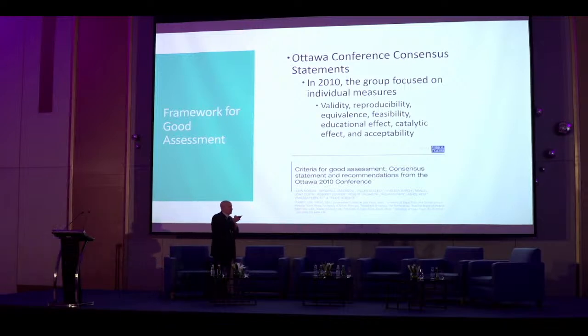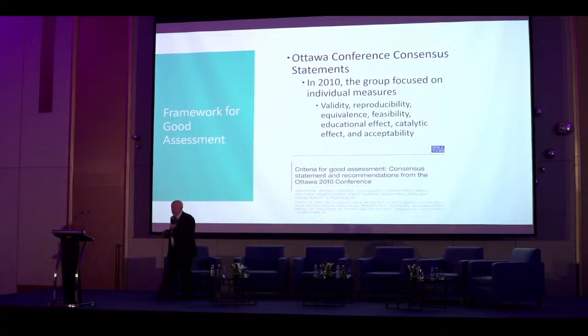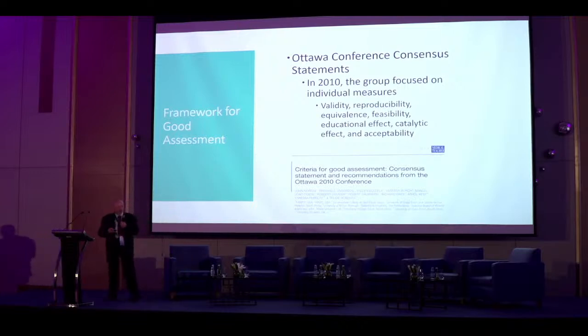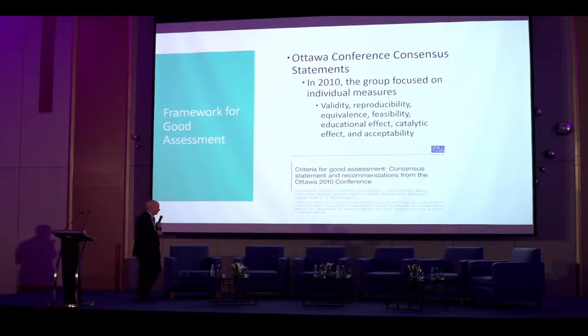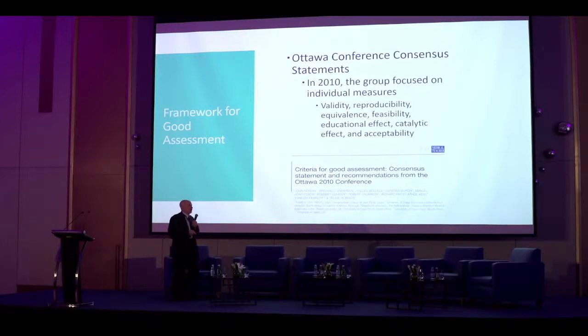One of those consensus statements in 2010 focused on individual assessments. And as many of you will recognize, given your knowledge of assessment, they came up with a group of factors or elements that were essential to good assessment. So validity, reproducibility, equivalence, the things on this slide.